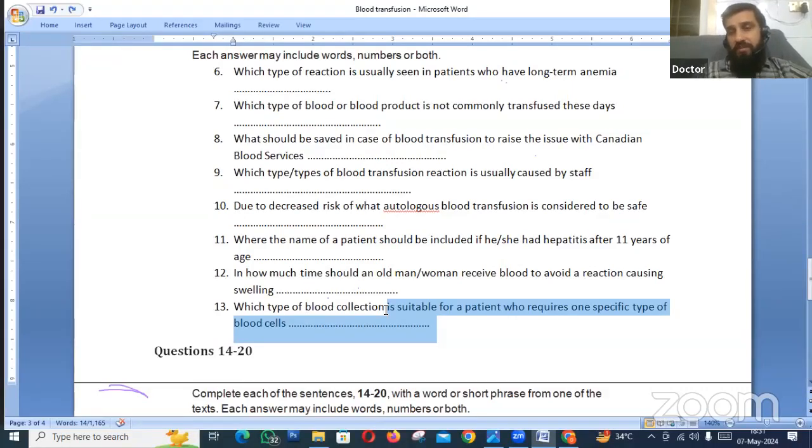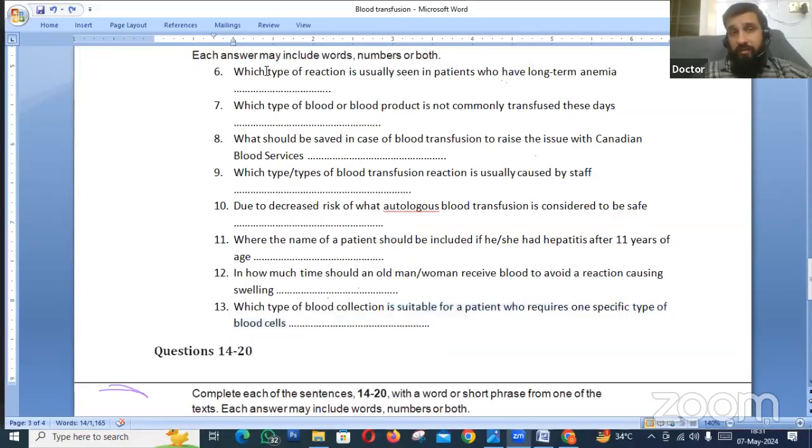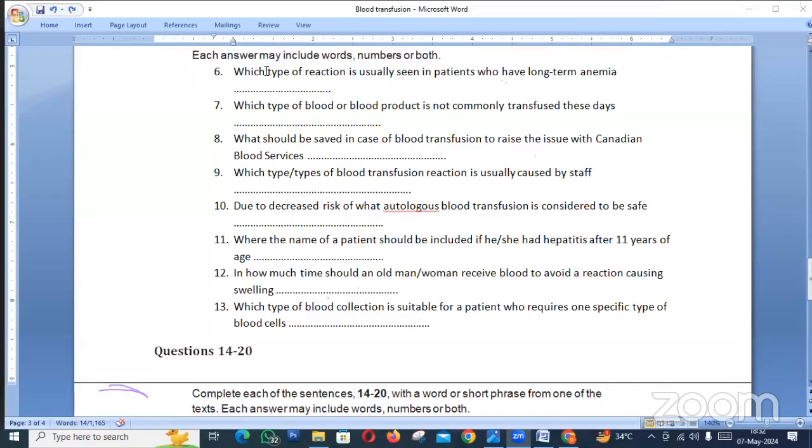Even before reading the next part of the question, in which text will you find the answer? Not in D, but in B, where you are talking about the classification. Text B.